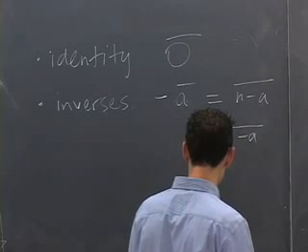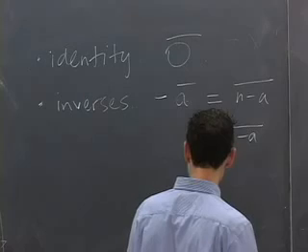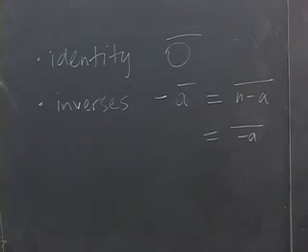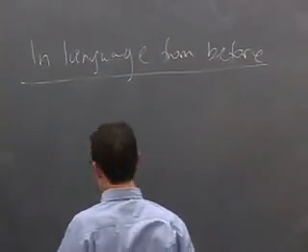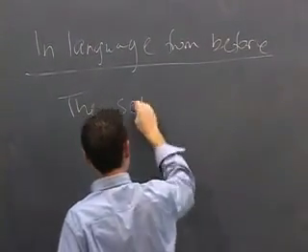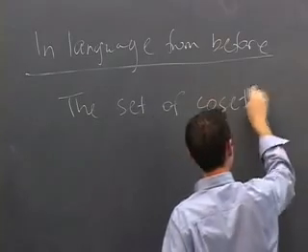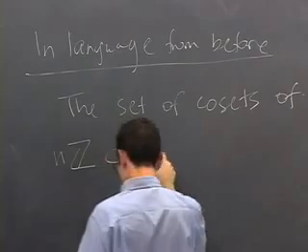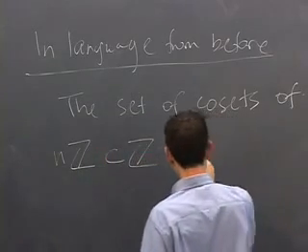And so in the language from last time, the set of cosets of the subgroup NZ of Z form a group.